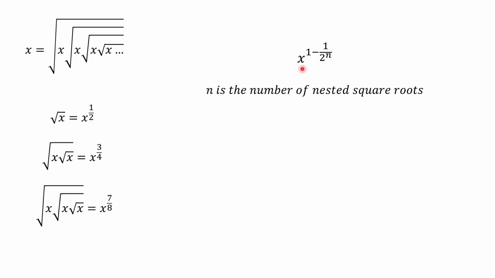We can say that the power of x will just be x to the 1 minus 1 over 2 to the n. And then, since it's an infinite sequence, we can just write this as a limit, like so, with n tending towards infinity. And just by solving the limit, 1 over 2 to the infinity is always going to be 0, and we get x. So that's another nice way of doing it as well. And it all gets to the same conclusion.